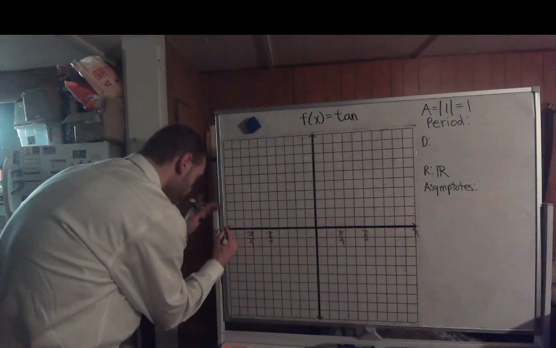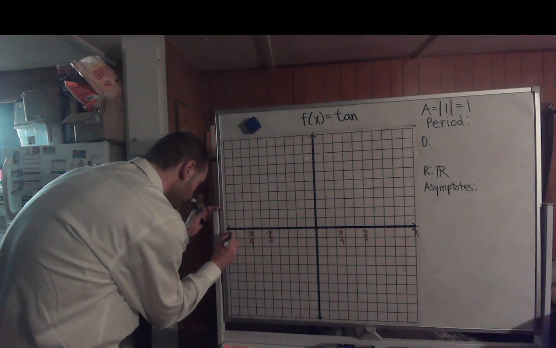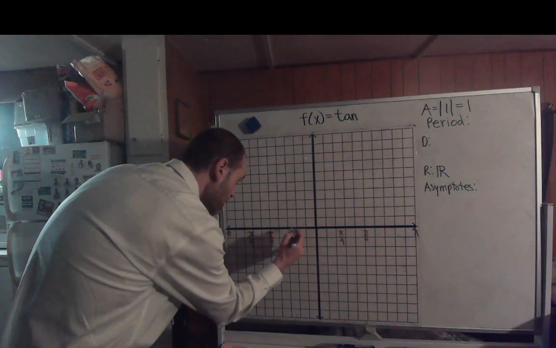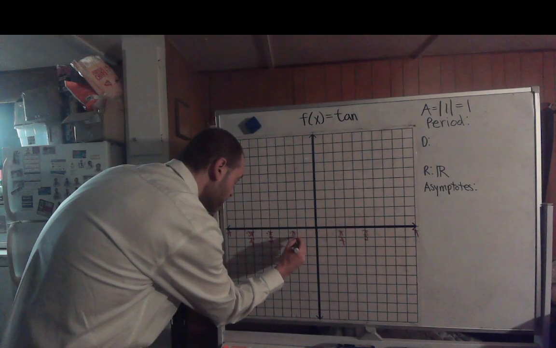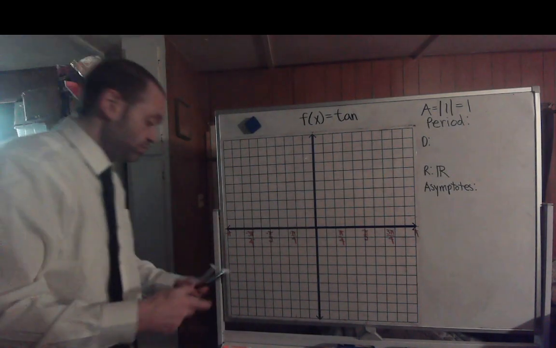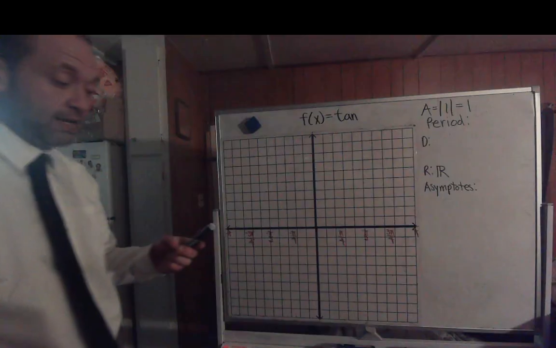We'll stick with the tangent for this one, but let me just label those critical points. Negative pi over 4. Alright. Positive 3 pi over 4. Alright, so all the critical points are labeled. Well, we might want to relabel them in a minute.